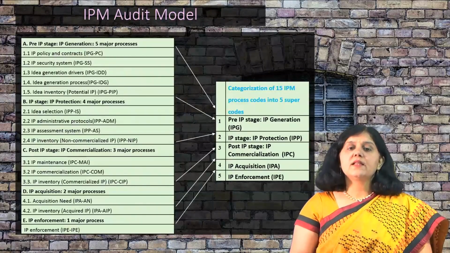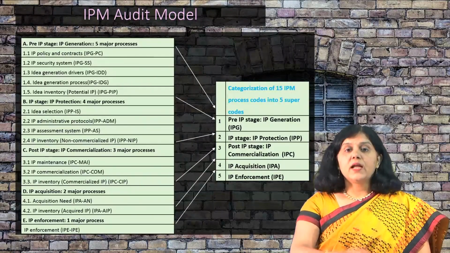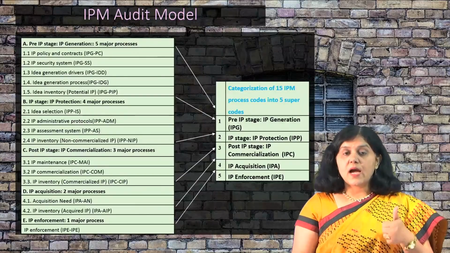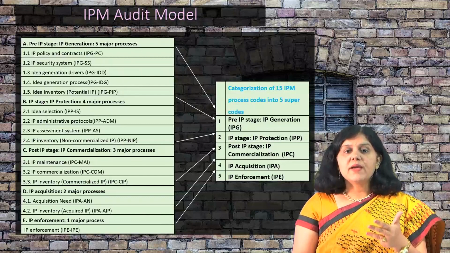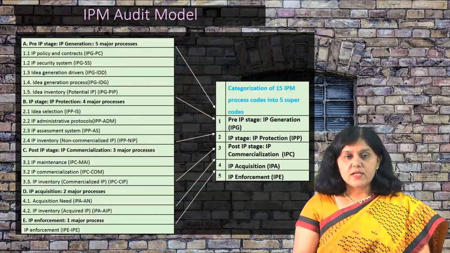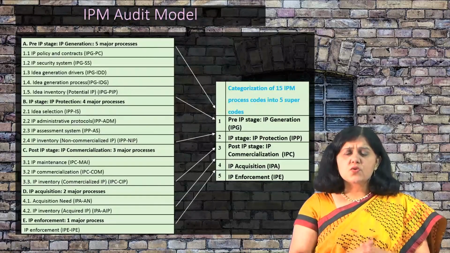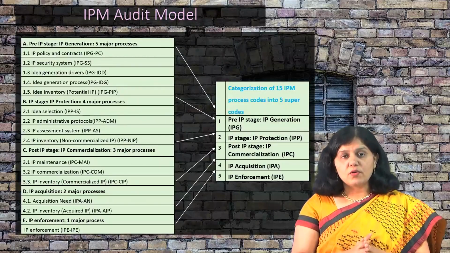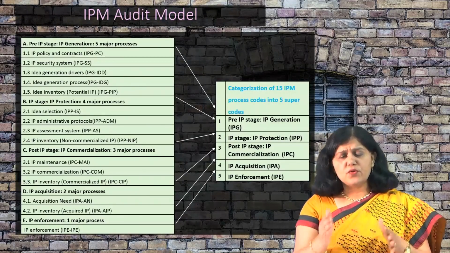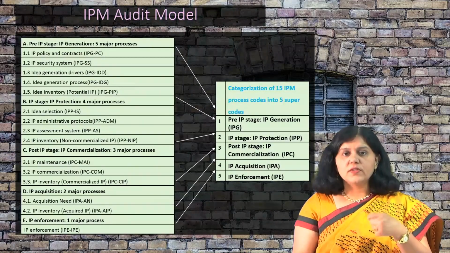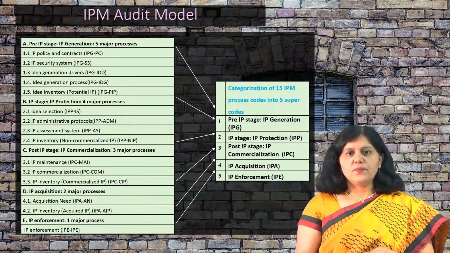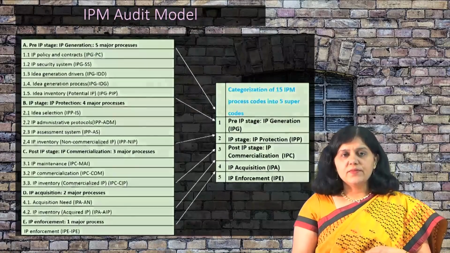When we say the IP management process, there are important stages like IP generation, IP protection, IP commercialization, IP acquisition and IP enforcement. Within these, every organization follows many activities. So, let us see each stage. Starting with the first, that is the pre-IP stage.